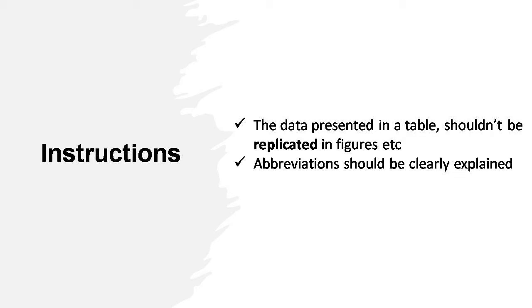This will be replication. This will increase the text size and the paper size, and there is no need to replicate the data. And if you are using any abbreviation, then you have to clearly explain these abbreviations in a label.